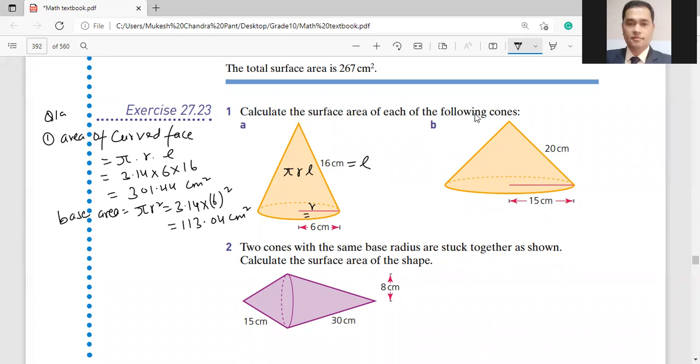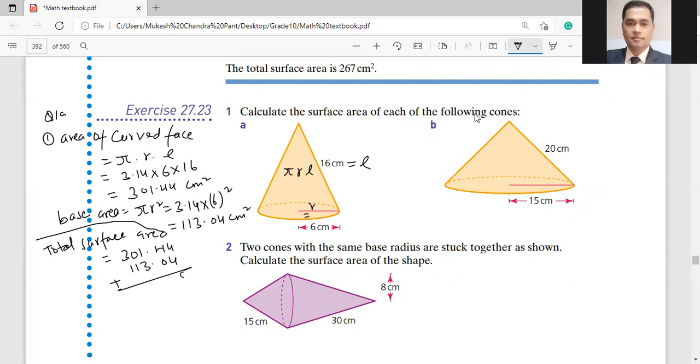Is it okay? So now we have to find the total surface area. For question number 1A, total surface area means 301.44 and 113.04, add.